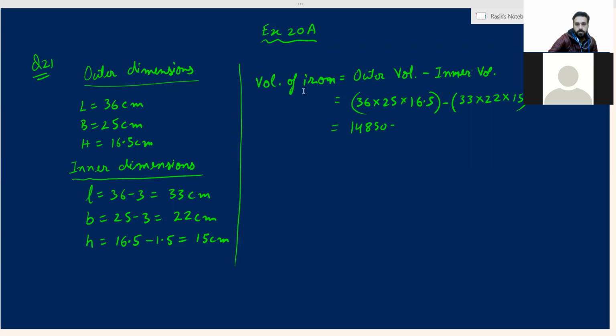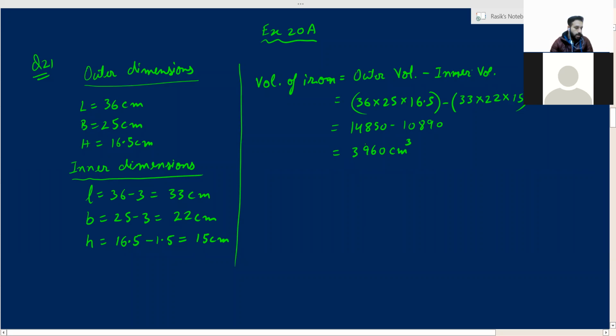Sir, 10,890. Correct. And what is the difference? 3,960 centimeter cube. So this is the volume of the iron that is used in making the box.